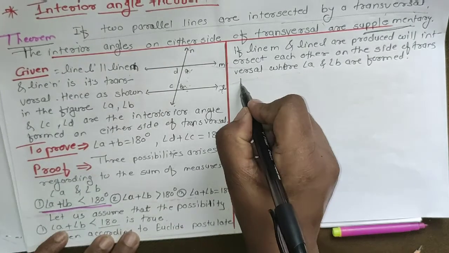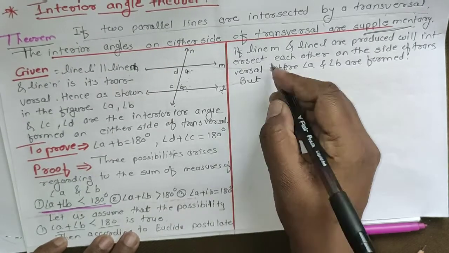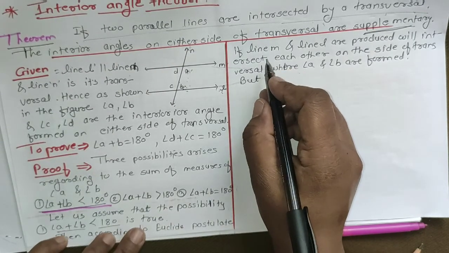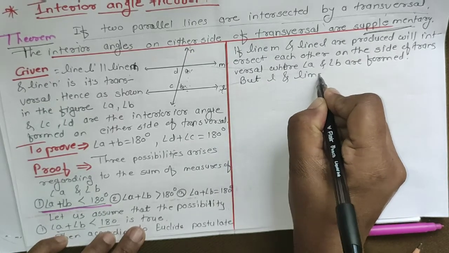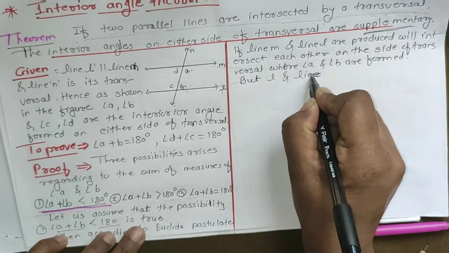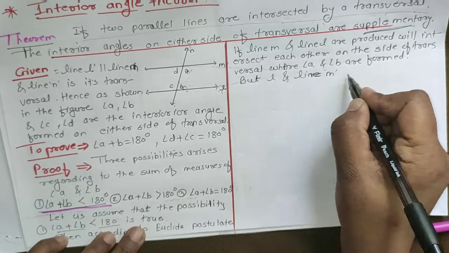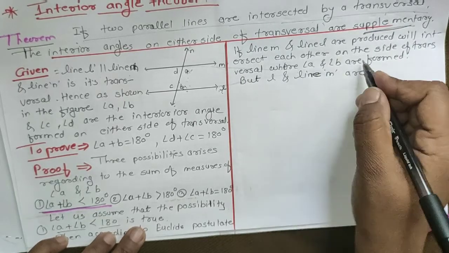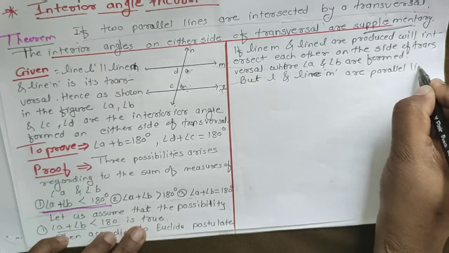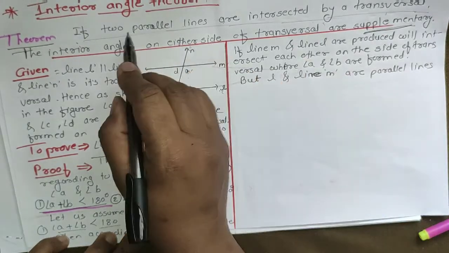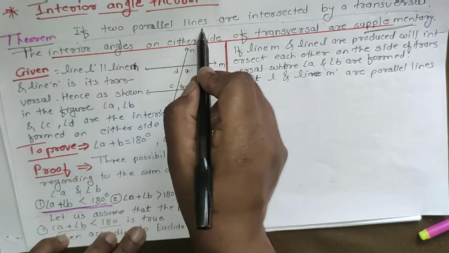So here write, but line L and line M are parallel lines, given. Okay, it is given here. They just told you these two are parallel lines.